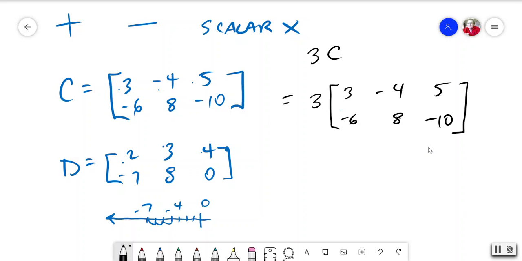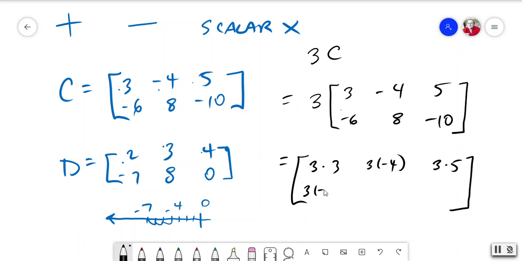And that's easy. What you do is your coefficient here times everything. So you'd have 3 times 3, 3 times -4, 3 times 5, 3 times -6, 3 times 8, and 3 times -10, all of which is very easy.